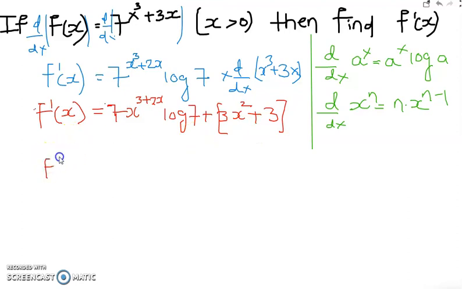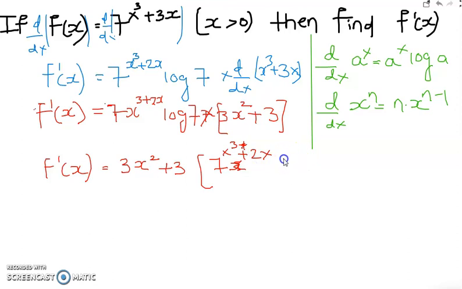So f dash of x is equal to (3x square plus 3), into 7 power (x cube plus 3x) log 7, right?